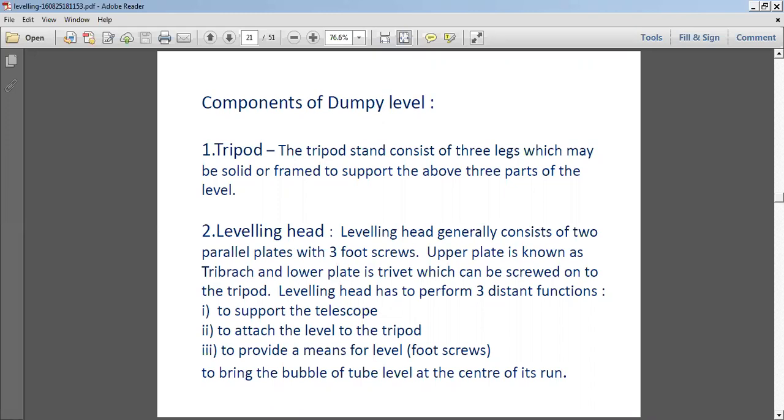When we use the foot screws, all the bubbles should be in the center line. You have to use the foot screws while simultaneously watching the bubble. It should be in the center. When leveling is done, we rotate the instrument and the bubble should remain in the center. After this, we start the work.